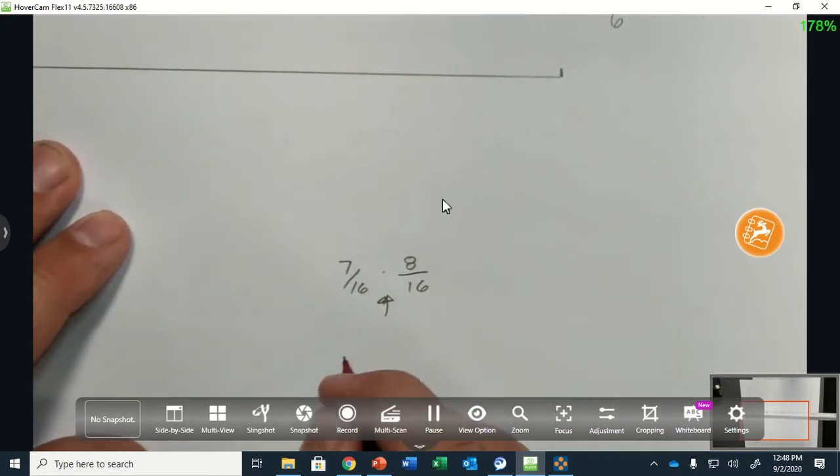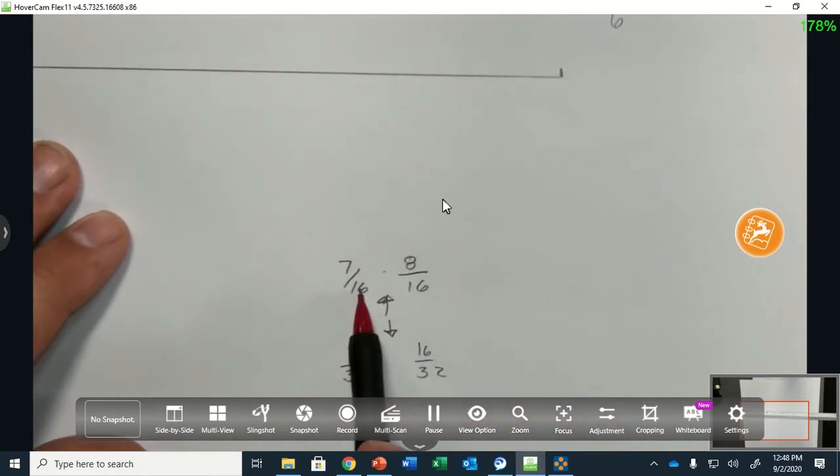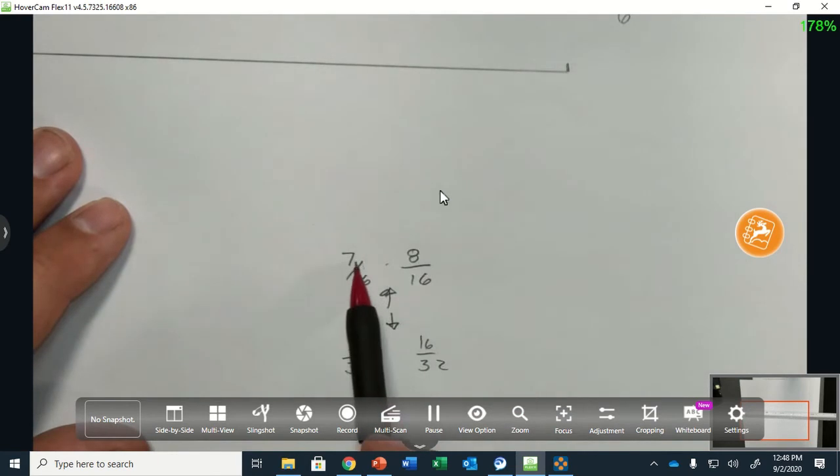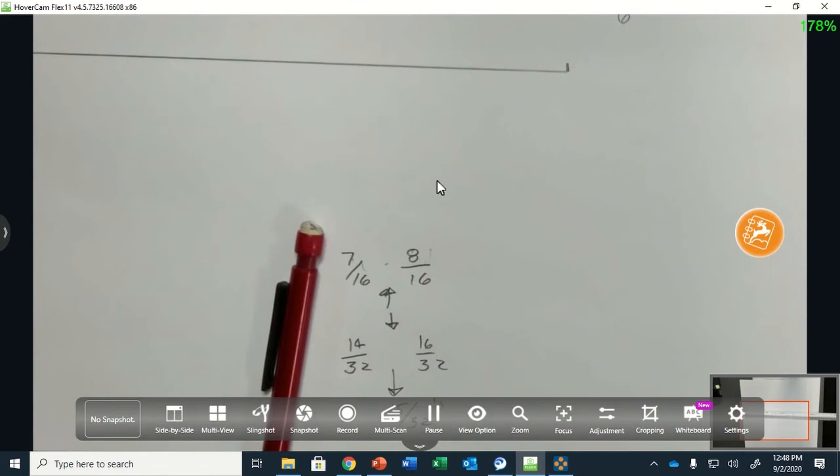So this is 14 thirty-seconds, this is 16 thirty-seconds. First thing I do is convert it into thirty-seconds because I know half of my sixteenths, right? 7 times 2 is 14, 8 times 2 is 16. So the halfway point is 15 thirty-seconds of an inch.